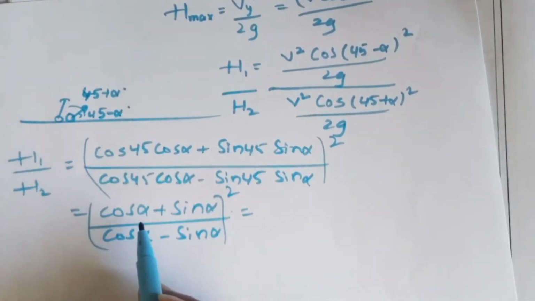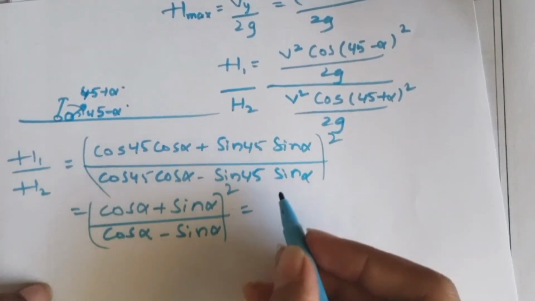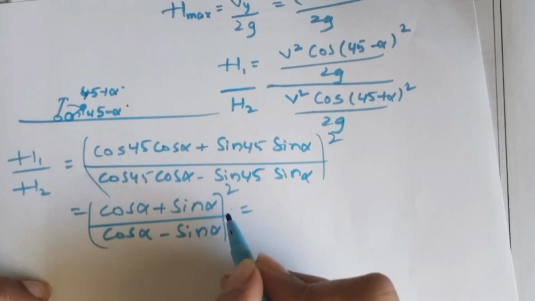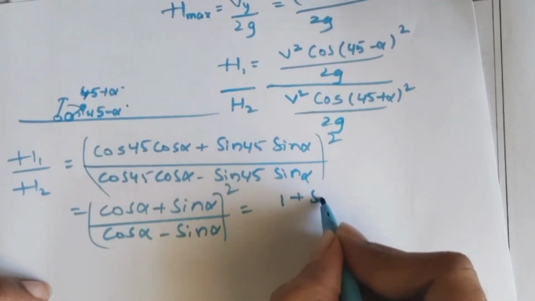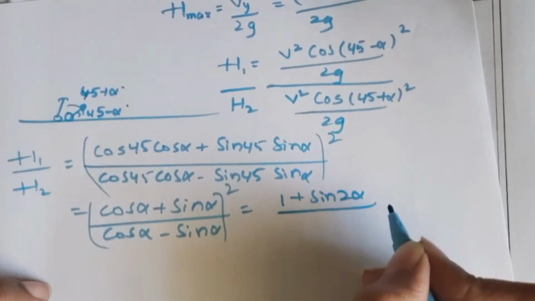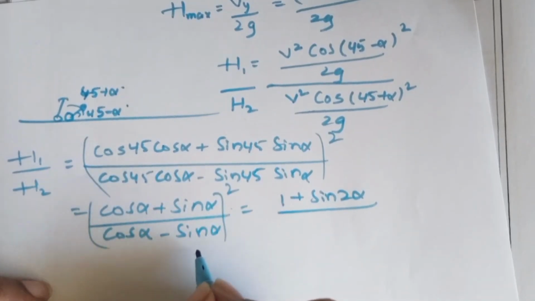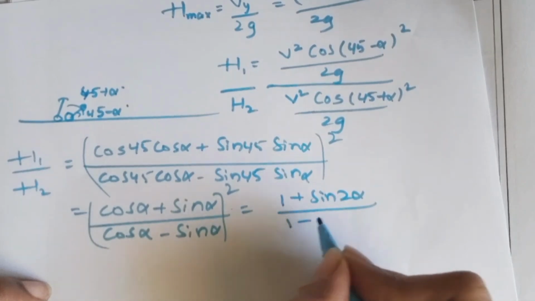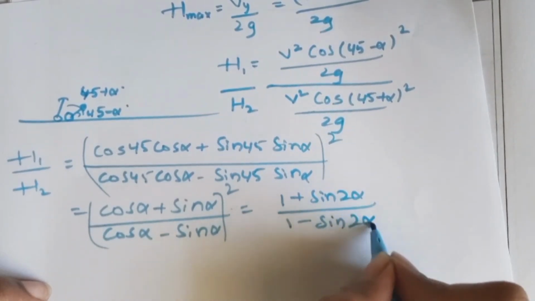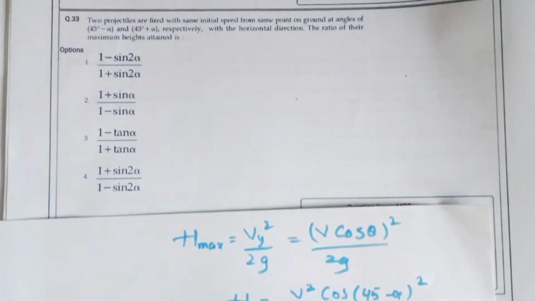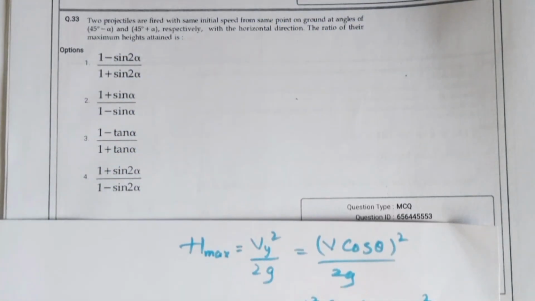So cos alpha plus sin alpha whole square equal to cos square alpha plus sin square alpha plus 2 sin alpha cos alpha, which is 1 plus sin 2 alpha, and cos alpha minus sin alpha whole square equal to cos square alpha plus sin square alpha minus 2 sin alpha cos alpha, which is 1 minus sin 2 alpha. So the correct option will be option number 1.